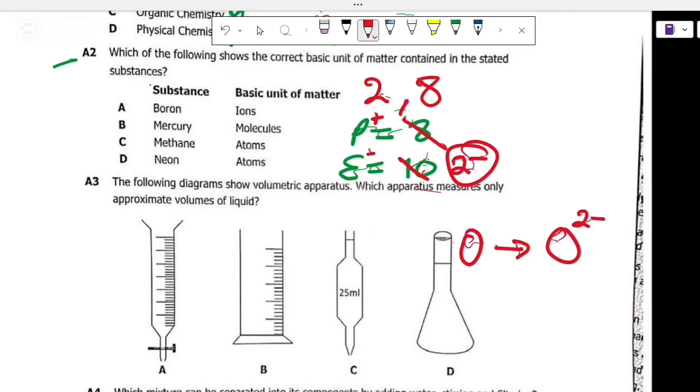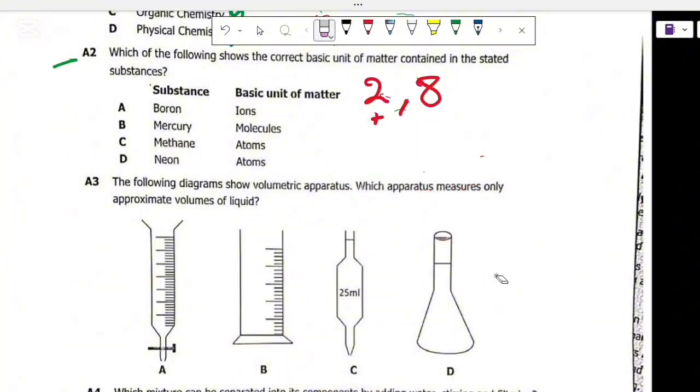Negative means that it is accepting electrons. So it is a 2 because it accepted 2 electrons. For chlorine, you just put the negative there on top because it accepted one electron. So make sure you understand this. This is very, very important. When you come to talk about chemical bonding, you understand it so quickly.